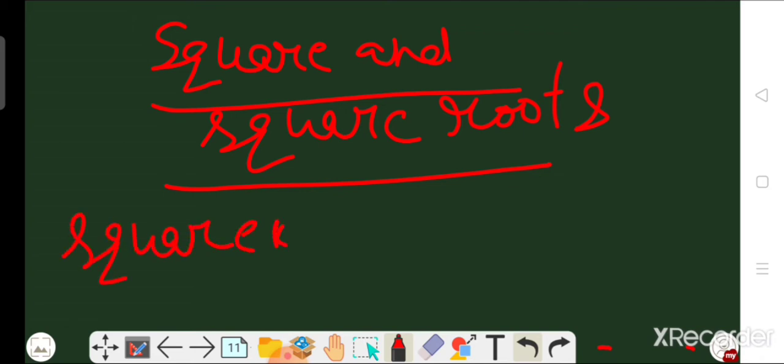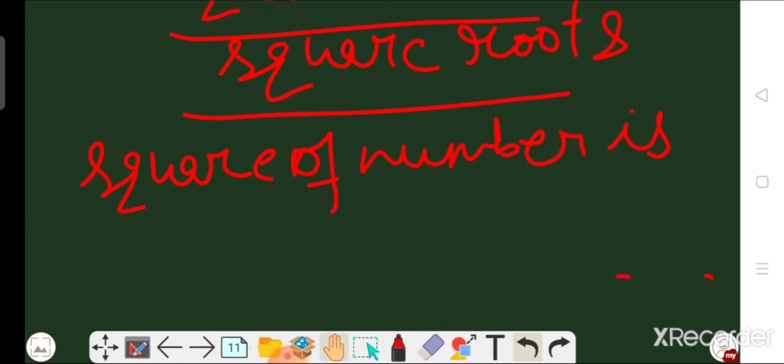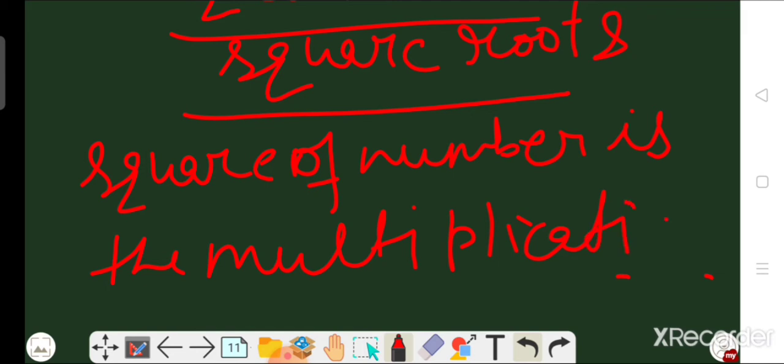Square of a number is the multiplication of the number by itself, beta.